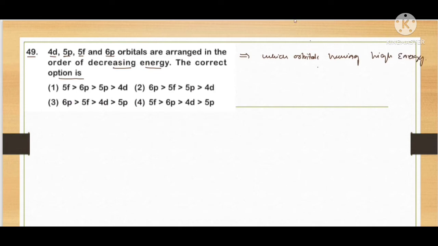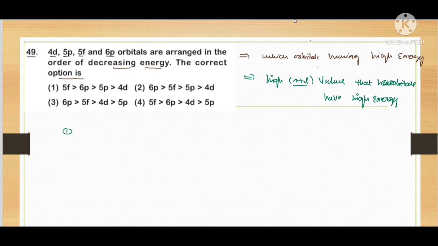We know that orbitals having high n plus L values have high energy. Now let us try to calculate the n plus L values of the given orbitals.